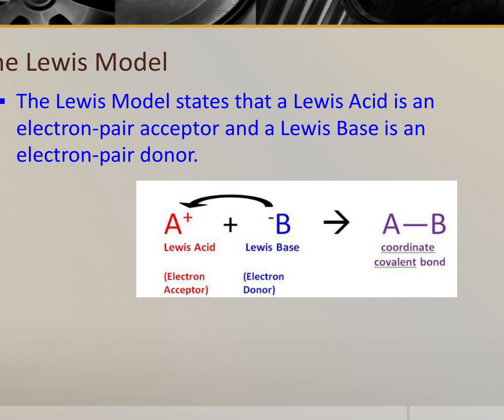When you give away a positive, that's the same thing as accepting a negative, just stating it the opposite way. And now a Lewis acid is an acceptor, accepting a negative pair of electrons, which is the same exact description as the Bronsted-Lowry, where it's giving away a positive hydrogen, because accepting a negative is the same thing as giving away a positive.